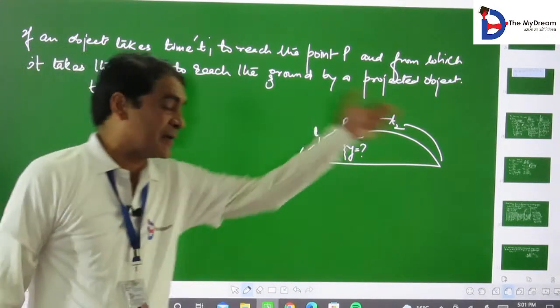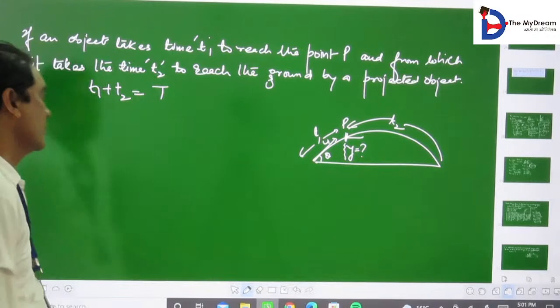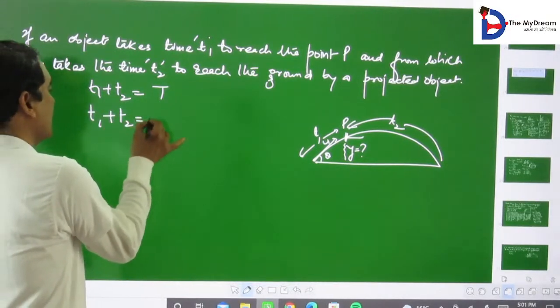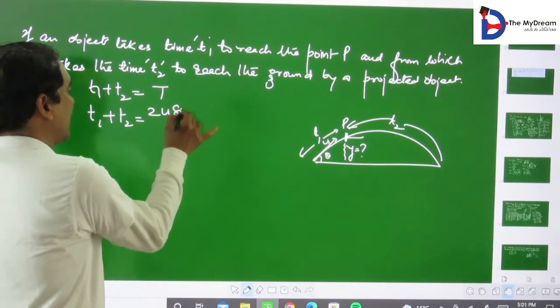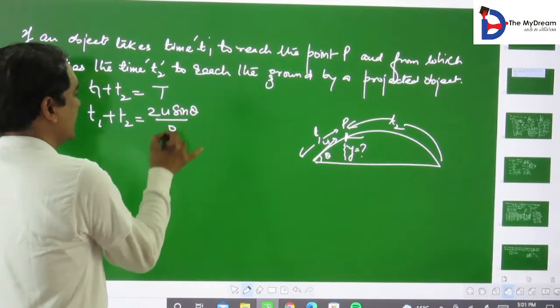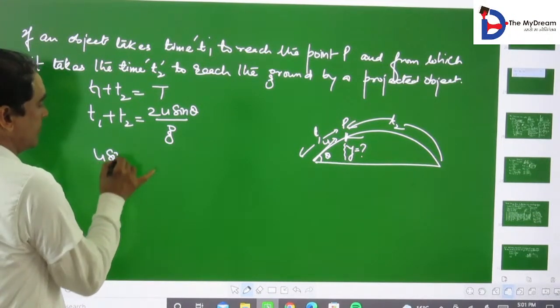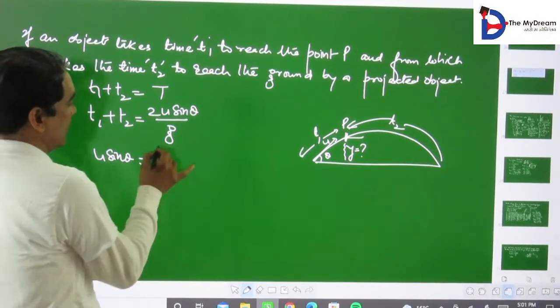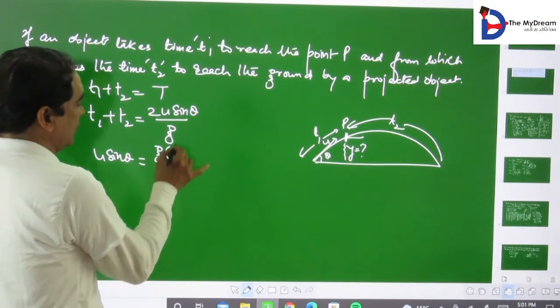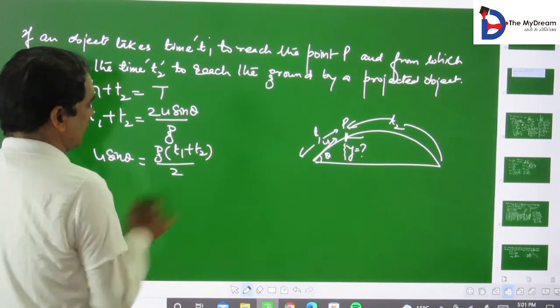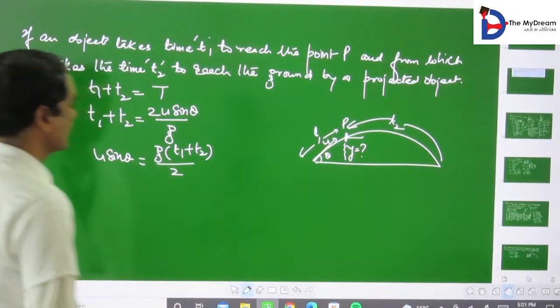That is the total time of flight. So t1 plus t2, that is 2u sin theta by g. Got it? And u sin theta, that is g into t1 plus t2 divided by 2. Yes.